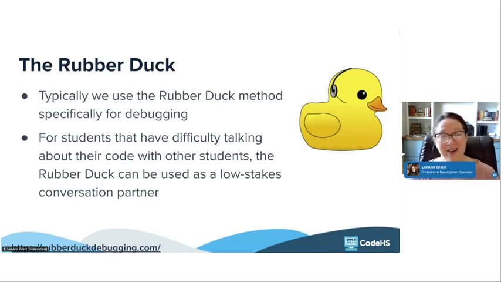So that is our activities and conversations about code. If you have any other ideas about increasing conversation through code or about code, I would love for you to share it out in the chat. We learn from each other as well. And I don't know all of the strategies.